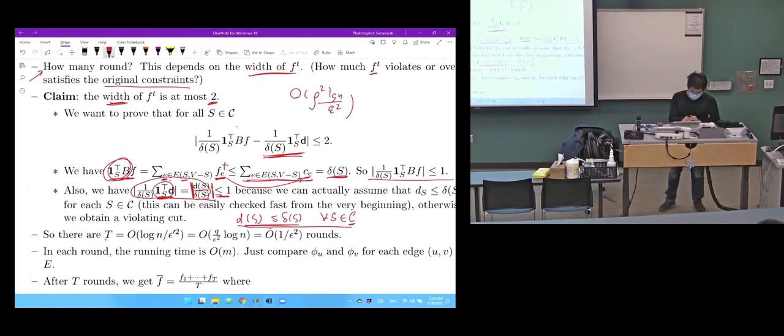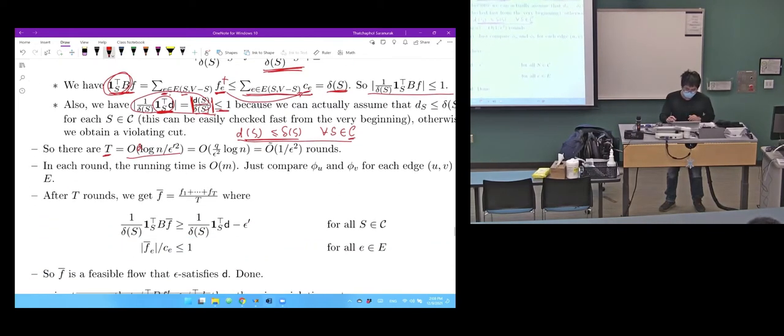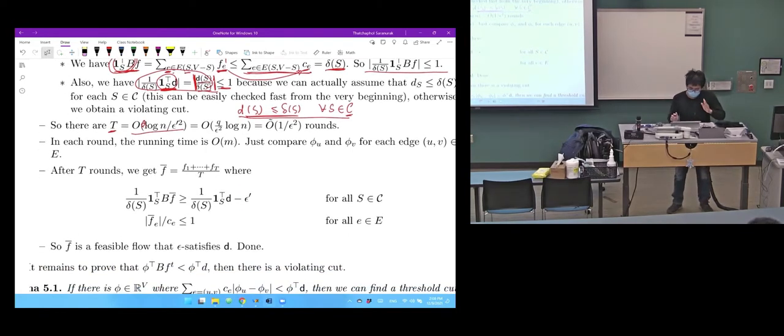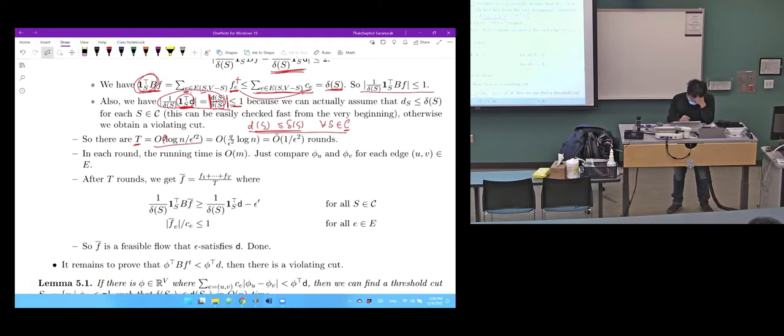So what does it mean? It means that after 2 times 2 squared times log n times this thing, where I said epsilon prime instead of epsilon, after this many rounds, what you would get is that if you average all of your flow in every round, the multiplicative weights update guarantees that your flow is going to satisfy the constraint up to epsilon prime additive error.